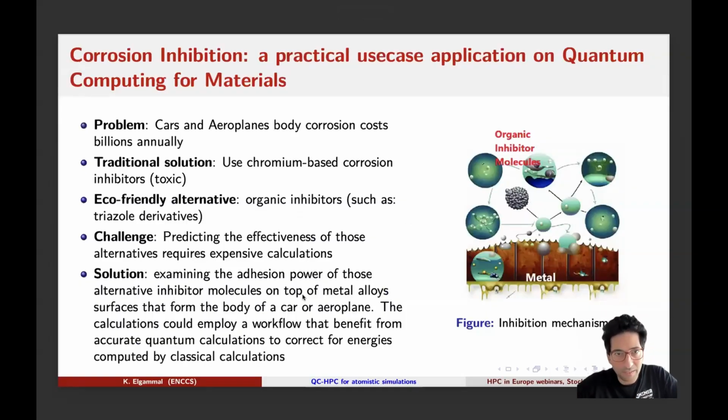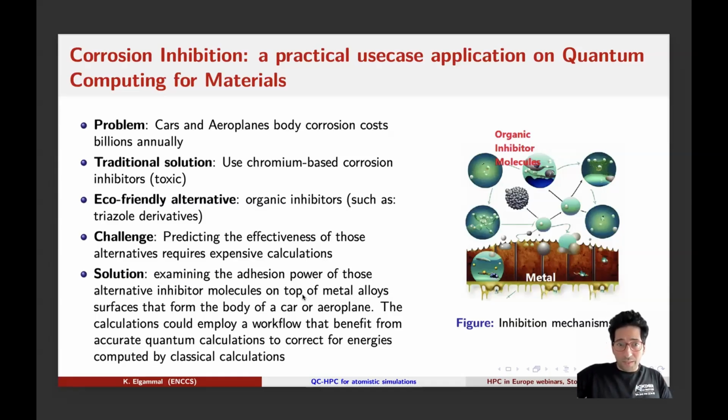So to the problem itself: what is corrosion inhibition? As I mentioned before, cars and airplanes cost a lot because of corrosion. Here I'm giving you the problem definition as a classical problem, as a normal scientist who has this problem and is eager to have more alternatives.